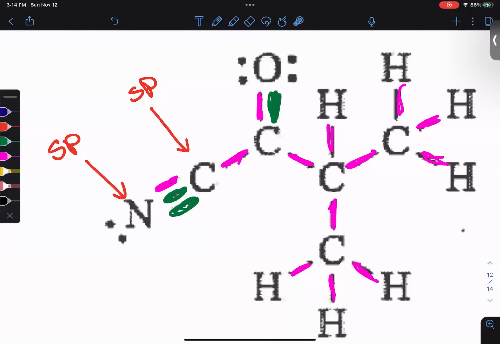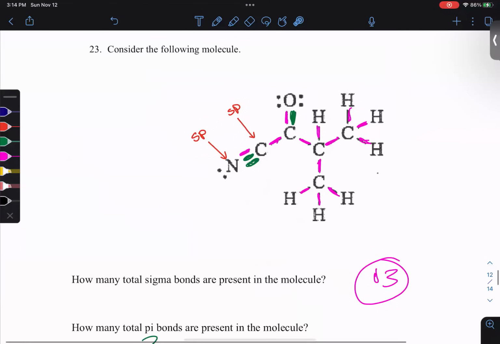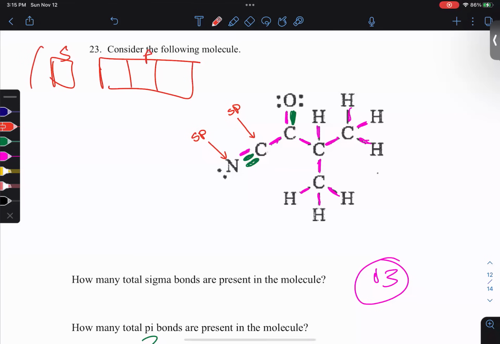All right, so let's think about the hybridizations of the carbon and nitrogen. If I'm sp hybridized, I'm taking an s orbital and then I have p orbitals, but I'm only mixing 2 of them. How many leftover p orbitals do I have after I hybridize to sp?